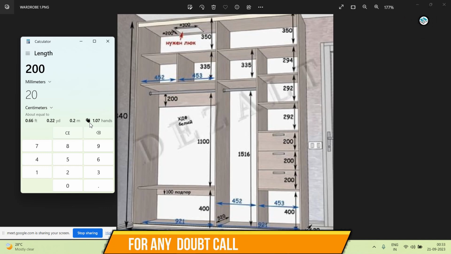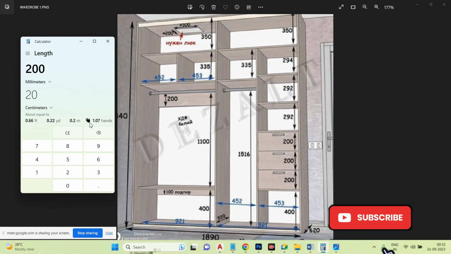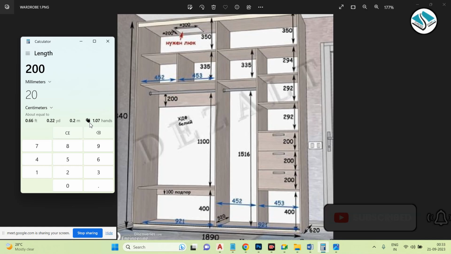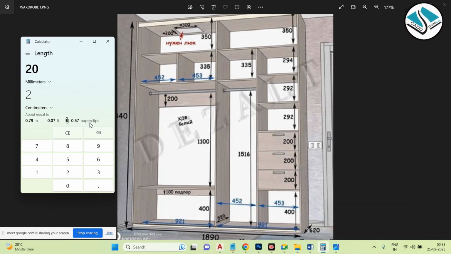No, 1 millimeter equal... No, 100 millimeter is equal to 10 centimeter. You can say 1 mm is equal to 0.1 centimeter, and 10 mm is equal to 1 centimeter.